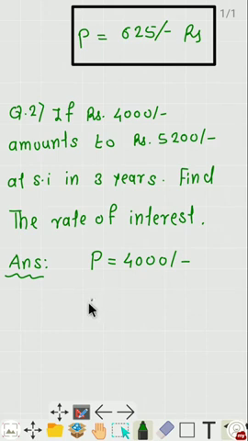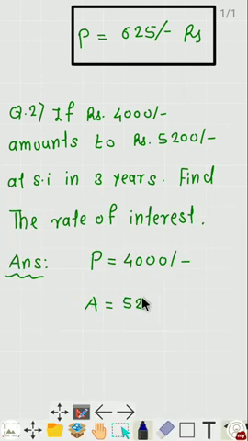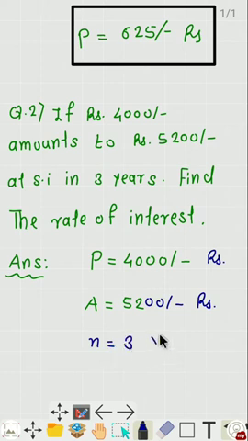After that, we have given the amount which we get after 3 years, which is 5,200 rupees. Also given that n is equal to 3 years, and suppose the rate of interest is r, that we have to find.